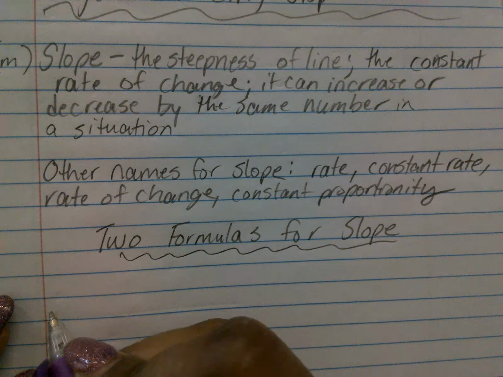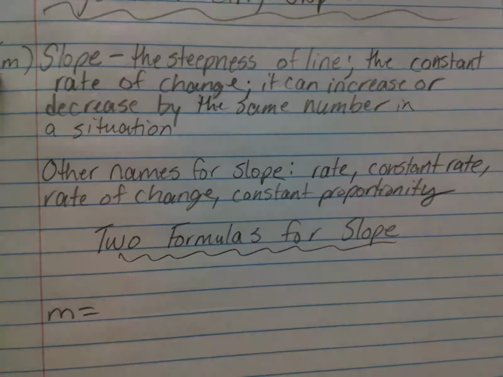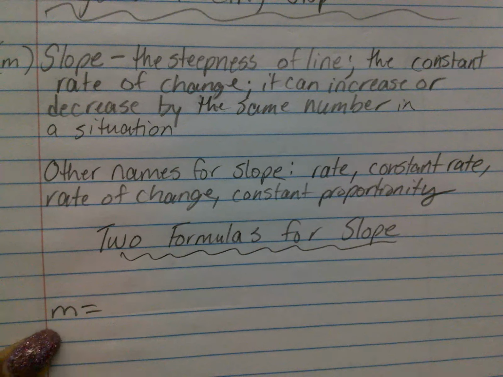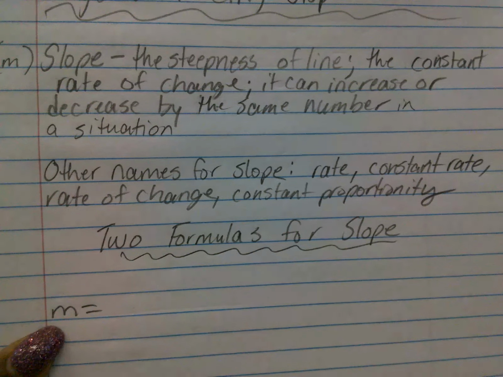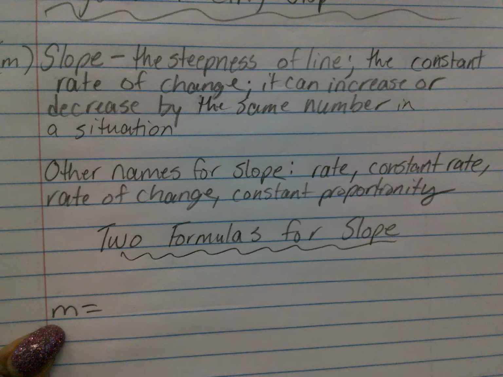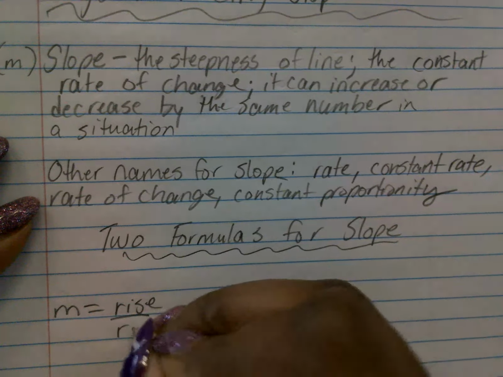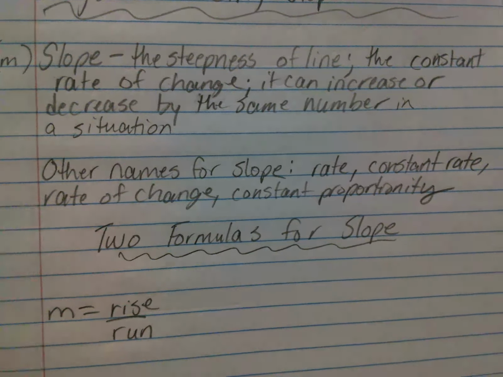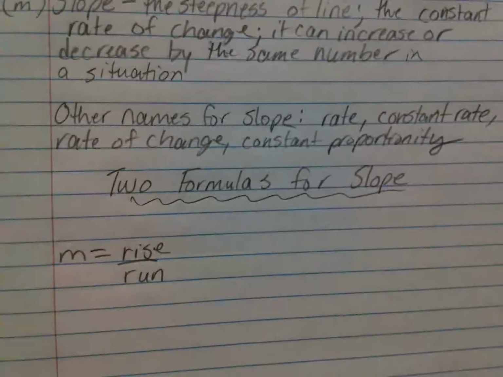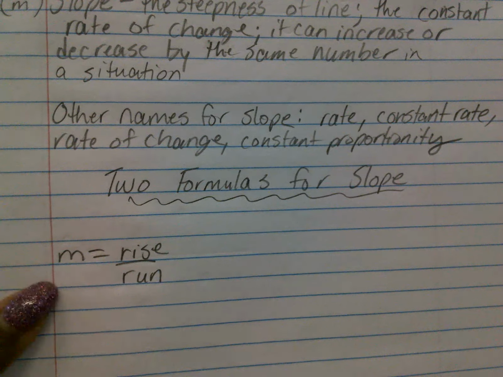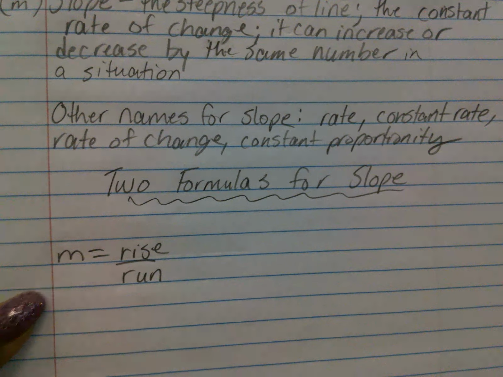The first formula, we're going to say M, because remember, M is the letter that we use to represent slope. So M is slope. We have rise over run. We use rise over run to calculate the slope of a line.